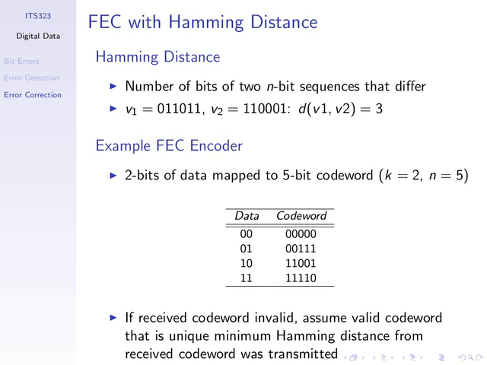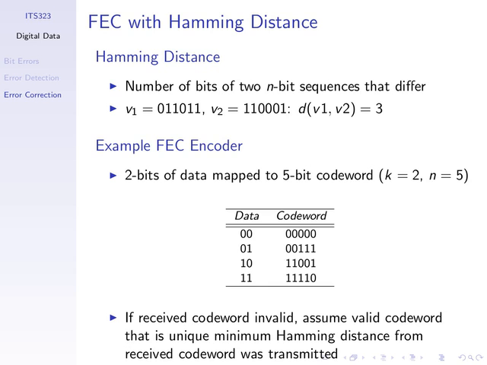Maybe a longer code word. Here our code word is 5 bits. The problem that we saw here was that when 3 bits changed, 3-bit errors, we had one of the valid code words, actually it was this one transmitted, 3 bits changed, turned into this one.